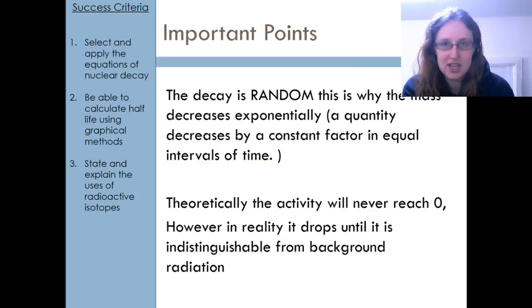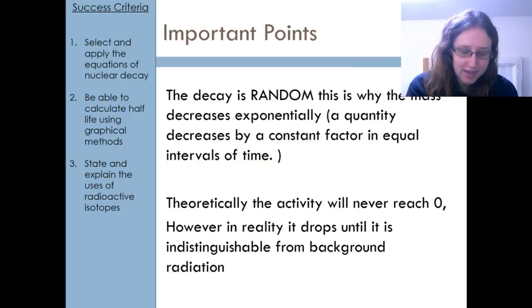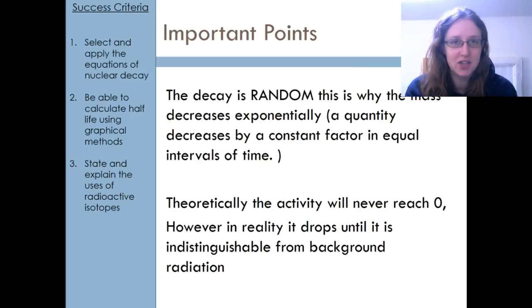With radioactivity, in reality, eventually the radiation will be indistinguishable from background radiation, which means that as far as we know, it will drop to zero, because we won't be able to tell if it's coming from our radioactive source or just from background radiation. I've said that radioactive decay is random, which means we can't predict when it's going to happen.